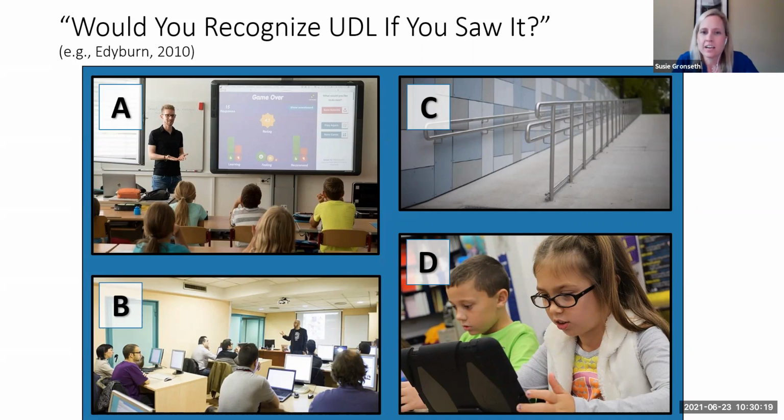So far in the chat, I'm seeing a lot of C's. I see an A, which is the teacher with the Kahoot game. Oh, here come some diverse answers. We've got some D's where the children are on their iPads.